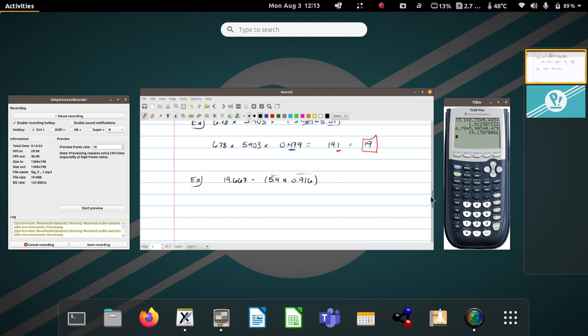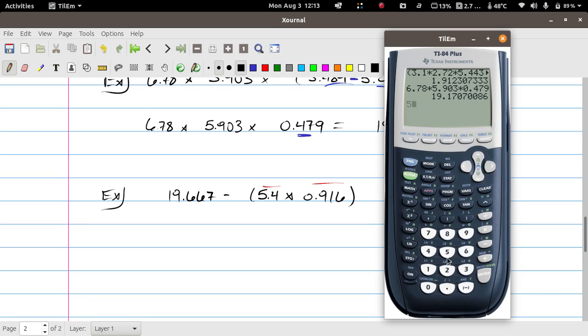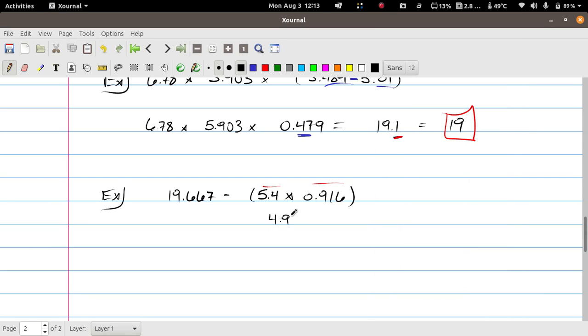So let's do that in the calculator because I can't do that in my head. So 5.4 times 0.916. So that's 4.9464. We only need 2 significant figures. So 1, 2. So that means we're going to be rounding the 4 off. So it's going to round down, and we're really just working with these 2. It doesn't even matter.